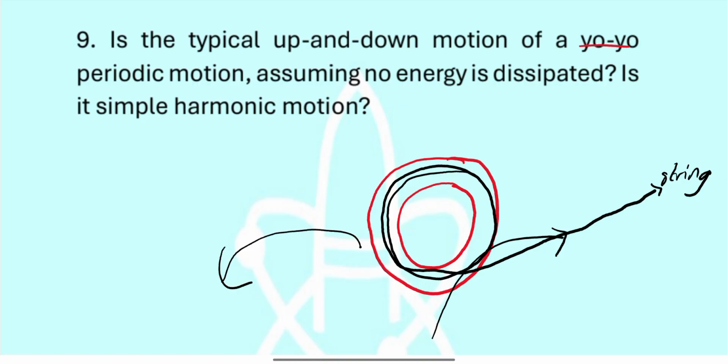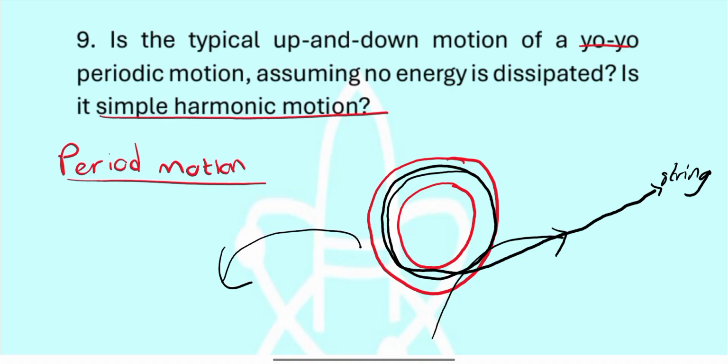We already know the definition of a simple harmonic motion, and we have already defined what a periodic motion is. So we can see that this yo-yo is in periodic motion because it repeats itself. But is it in simple harmonic motion?